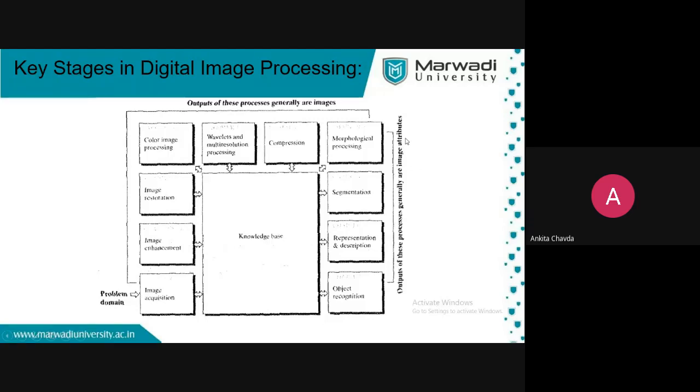Do you remember that first figure? Low, mid and high? Yes or no? In low, input is image, output is also image. In mid, input is image, output is attribute. In the third one, high level, input is attribute and output is whatever the computer is understanding. Based on that it will react, right?